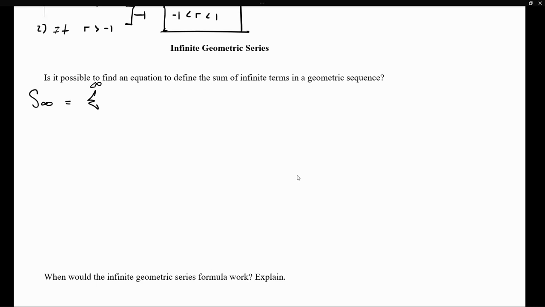So here we have the sum of some geometric sequence, let's call it a of n, starting at n equals 1. And if we assume that a of n is a geometric sequence, then I know that my first partial sum is my first term. Then the second partial sum is going to be the first plus the second term.